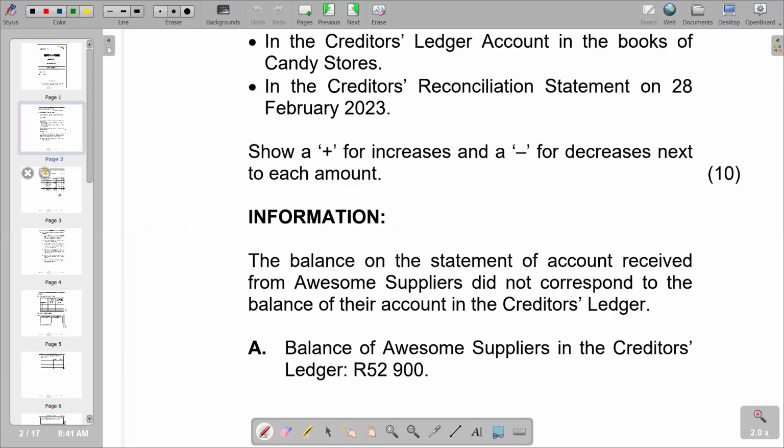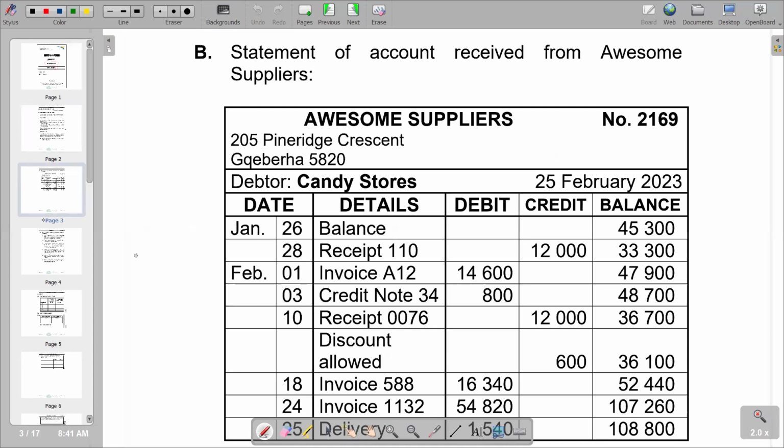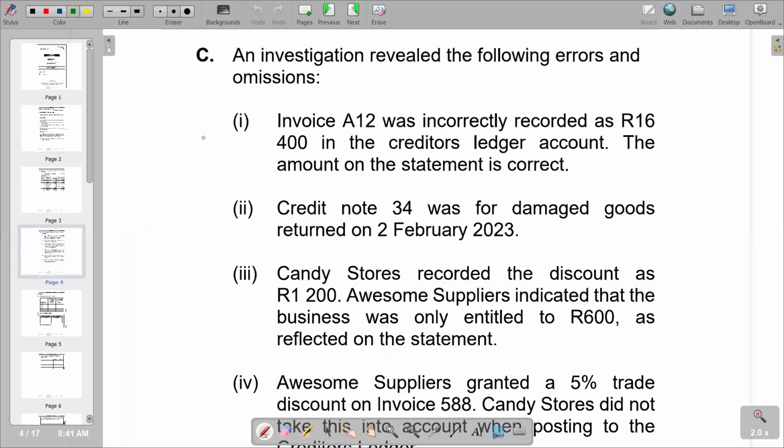Going to the next information given, which is B, we've got the statement. Then we go to adjustment number 1. Invoice A12 was incorrectly recorded as 16,400 rands in the creditors ledger account. The amount on the statement is correct. So this 16,400 is an error in the creditors ledger.